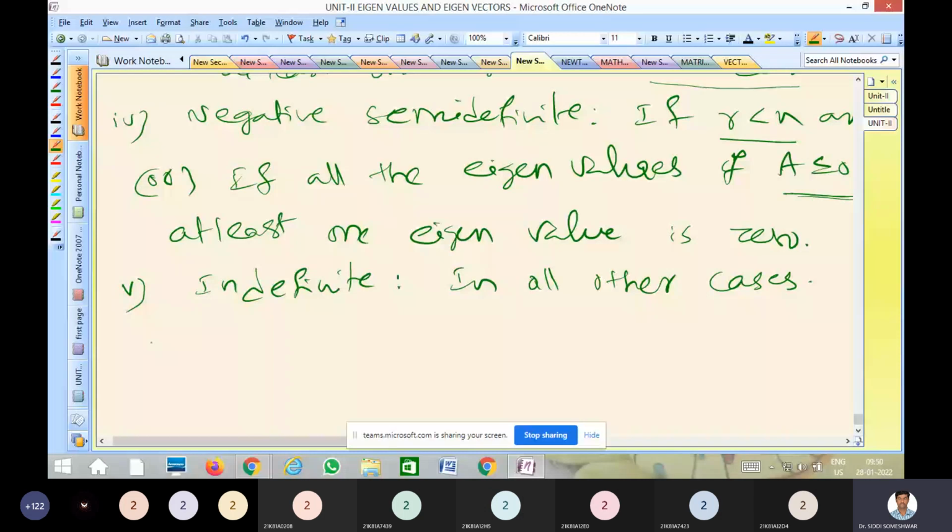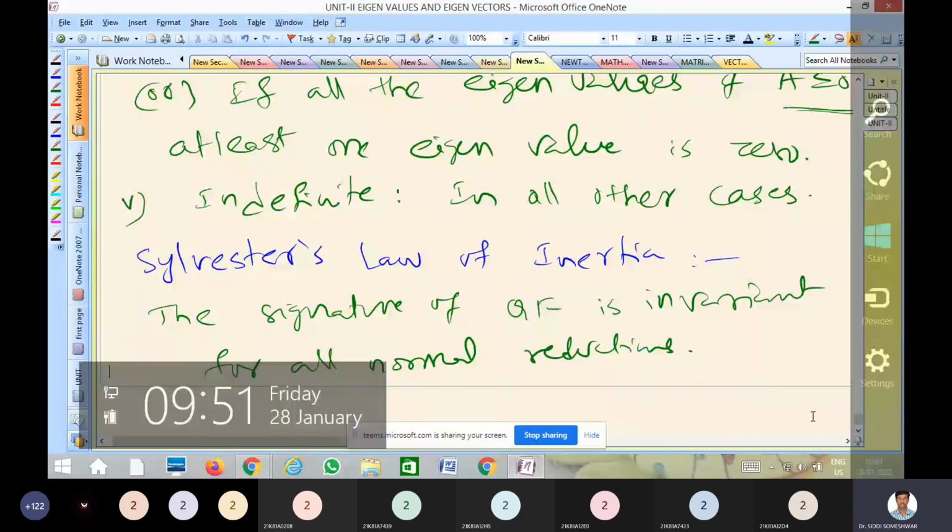Now we'll look into the methods. What I told you for normal reduction, we will look into now.